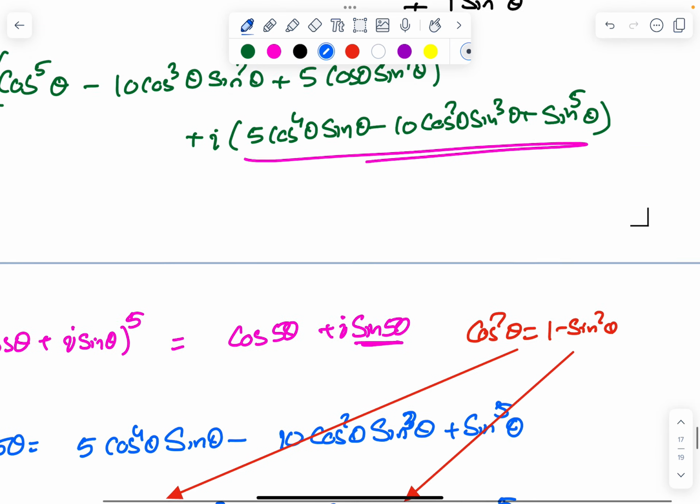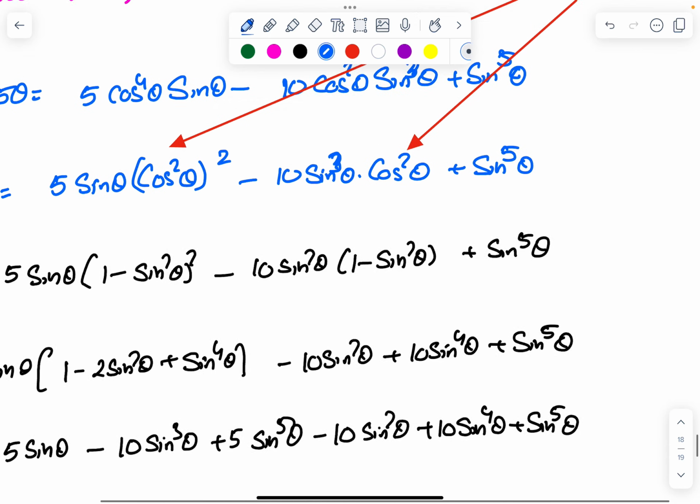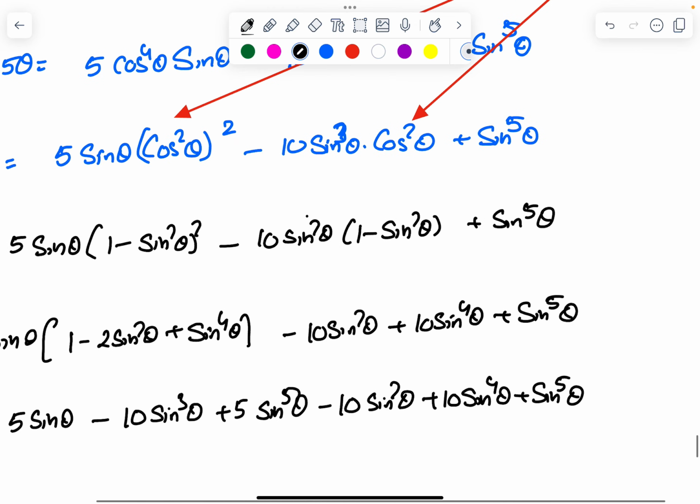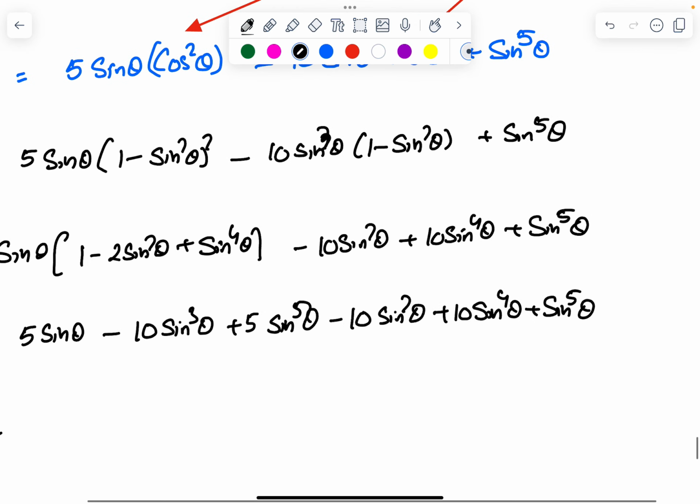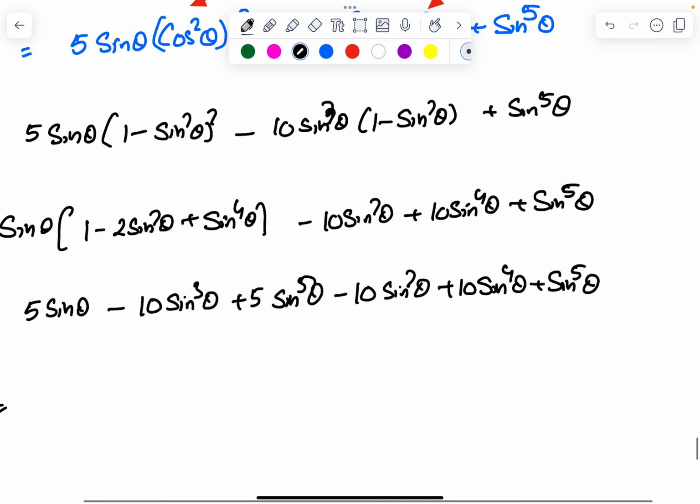This one was 10 sine cube theta. So what do I get from there? Let me make a correction over here. So this becomes 10 sine cube theta, 10 sine to the power of 5, 10 sine cube theta, 10 sine to the power of 5.